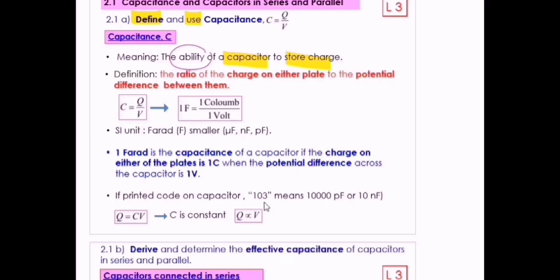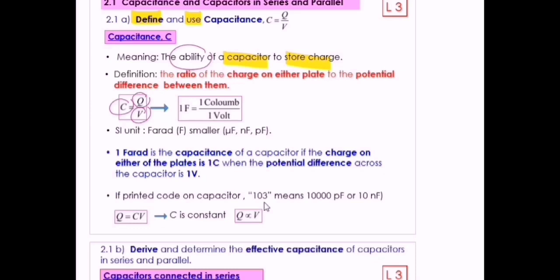Next, this is the formula for capacitance. C equals Q over V, where C is the capacitance, Q is the charge, and V is the potential difference. We know the unit for charge is coulomb, and the unit for potential difference is volt.